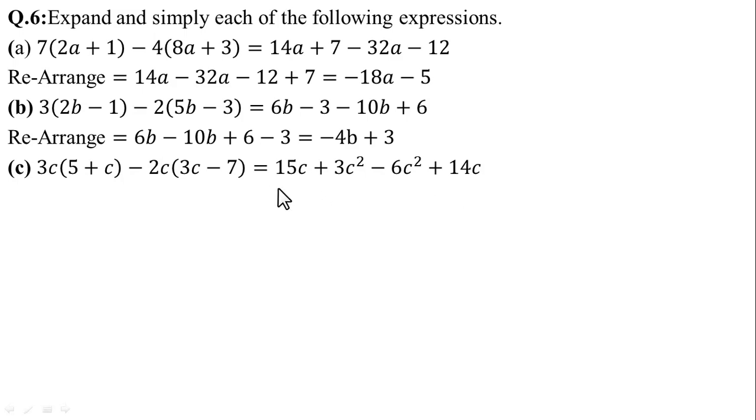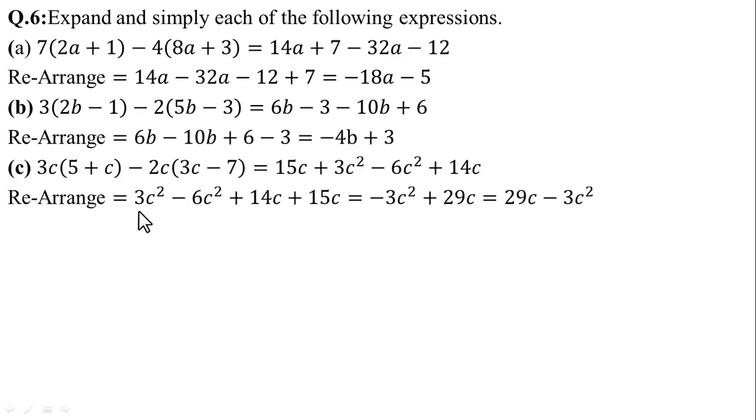Now rearrange the values: 3c square minus 6c square is equal to minus 3c square, and 14c plus 15c is equal to plus 29c. So the answer of C part is minus 3c square plus 29c, or we can write that 29c minus 3c square.